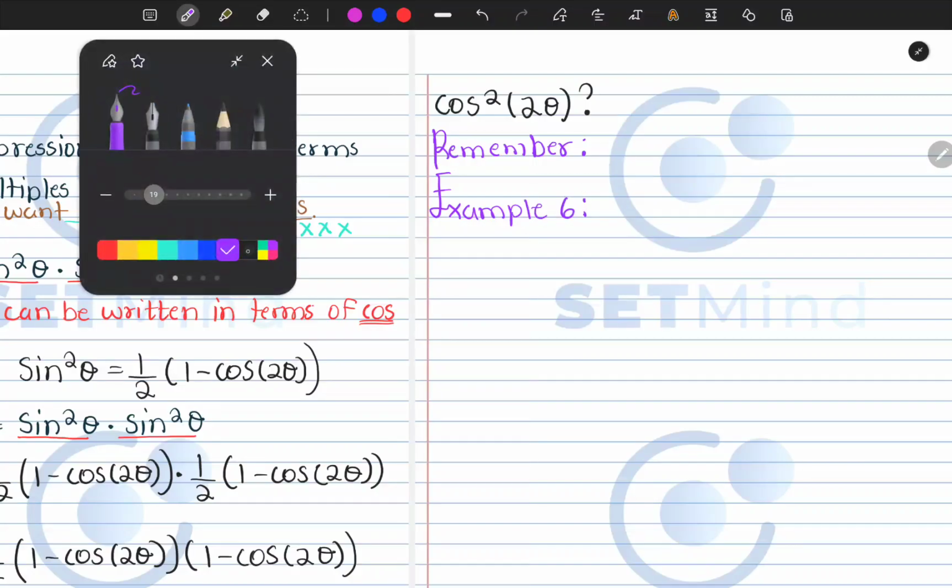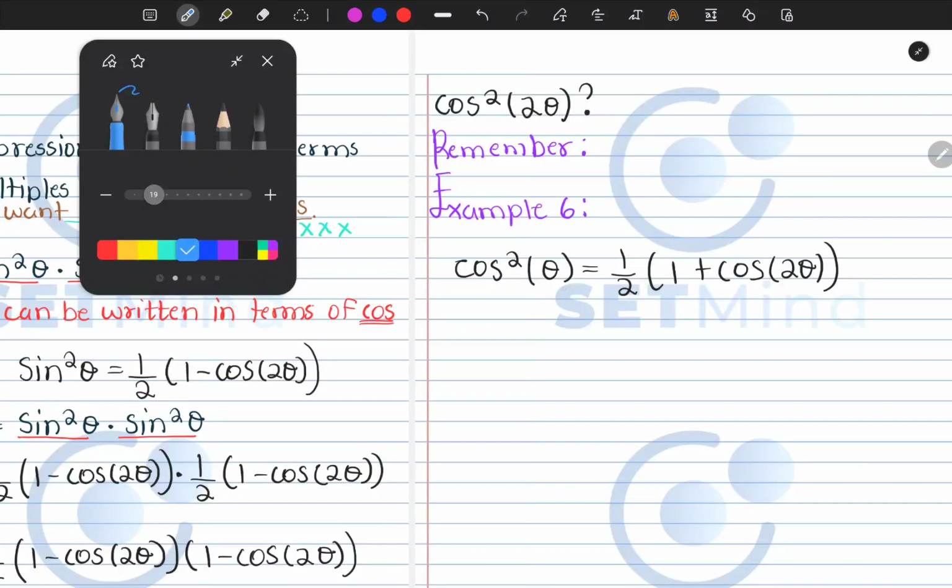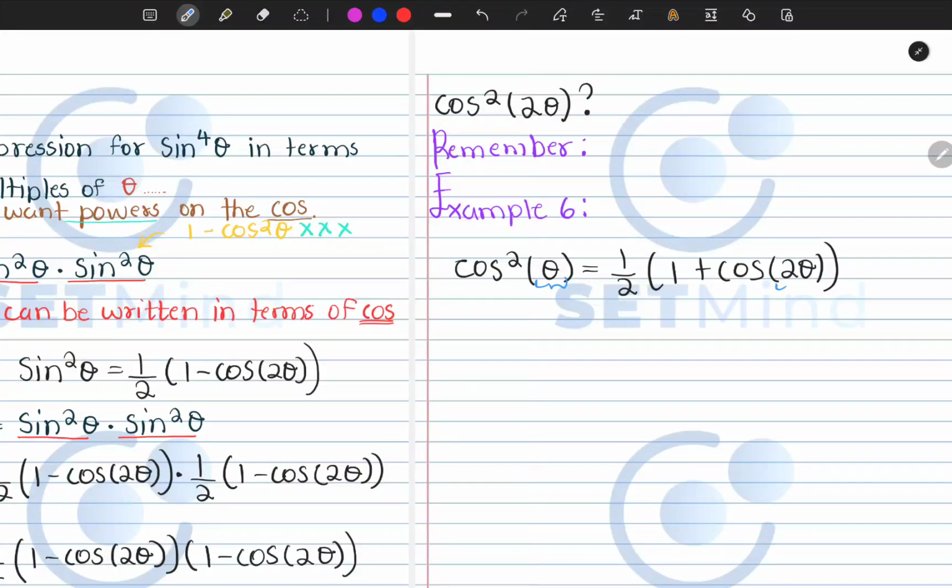So what did we end up finding on example 6? It was that cos squared theta is 1 over 2 into 1 plus cos of double the angle. So what is very important to take away is that that angle which is there, that is double the angle. And that removes the square. So what does it mean?